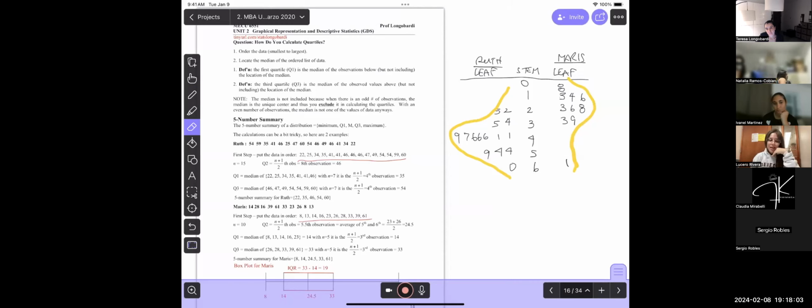Ruth has less volatility, and Maris is more volatile. So, okay, that's one feature of the distribution. There are 5 features we can talk about.